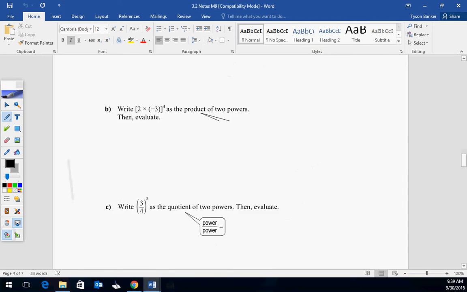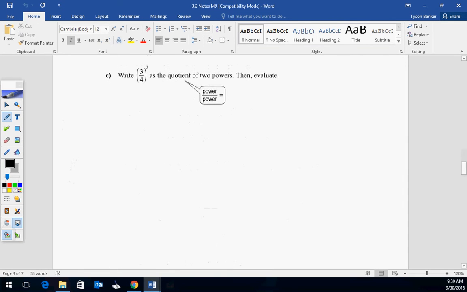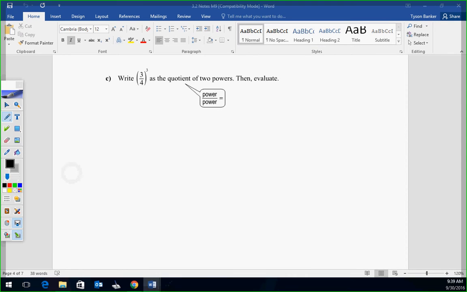This one's an important one here because even my Math 9s forget this stuff. Okay? When you have a fraction with an exponent, the exponent hits the top and the bottom. So the 3 hits the 3 and the 4. Okay? Well, 3 cubed, right? Yeah, so we're going to go 3 cubed over 4 cubed. Now these are not the same base, so we're not doing our quotient rule or anything.